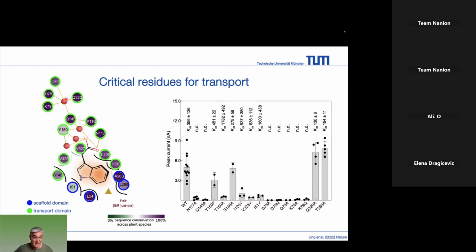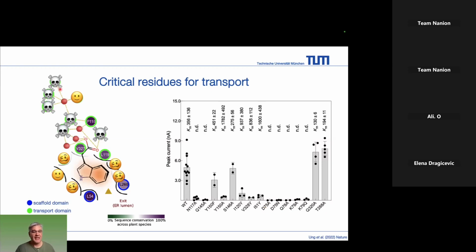In our case, this is not sodium, but it is a structural water that is in there. And as this here is also highlighted, you can see that this pseudo-symmetrical support site is part of the transport domain, whereas a large majority of the binding of the substrate is due to the scaffold domain. And when we made point mutants, turning them either to alanine or we did isosteric mutations, we could determine which residues are important for substrate binding.